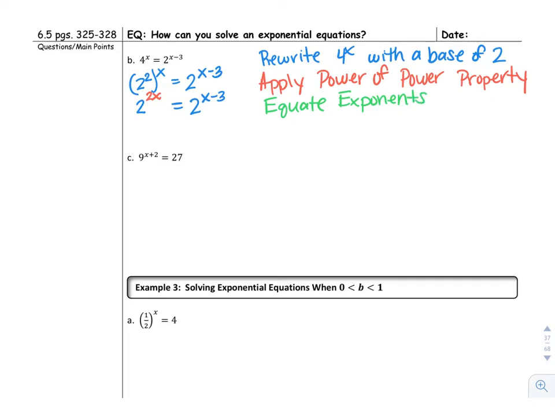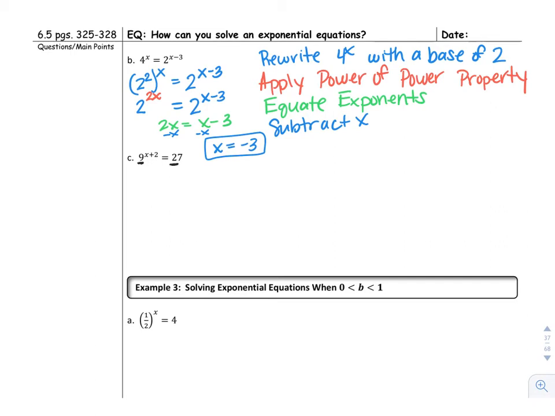Okay, so then we're going to do 2x is equal to x minus 3. Then you could subtract x from each side. So subtract it from the left and the right, and you get x is equal to negative 3 for your answer for B.